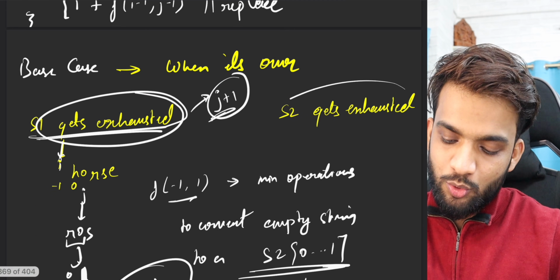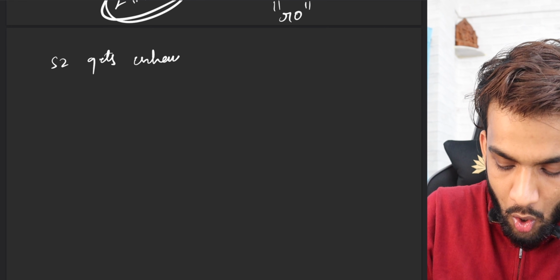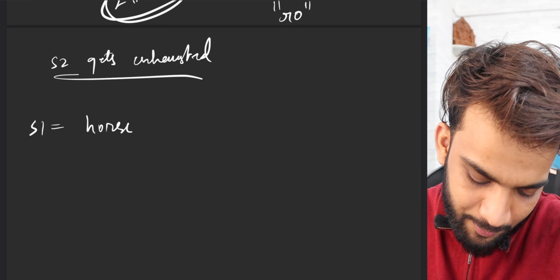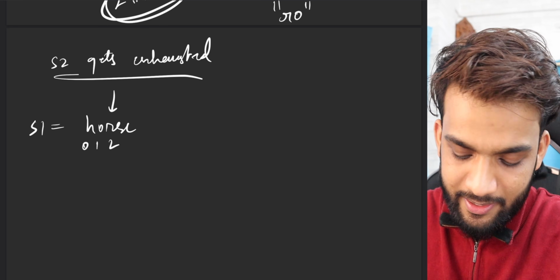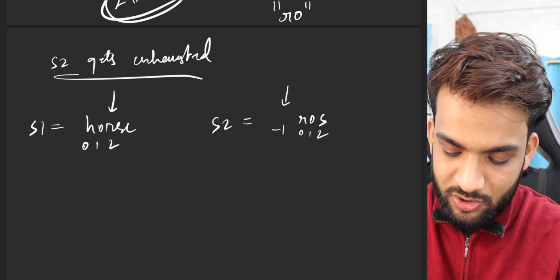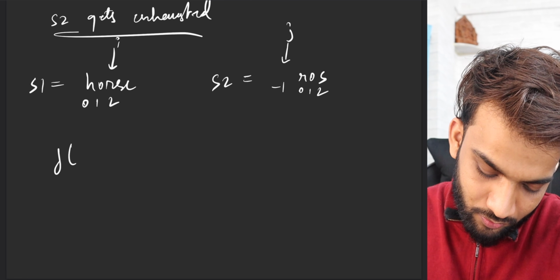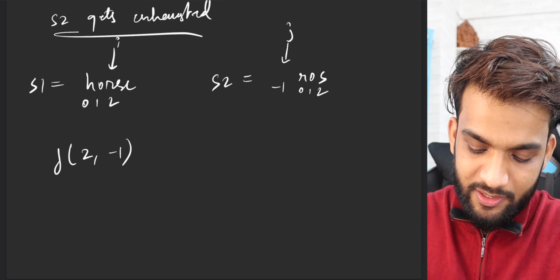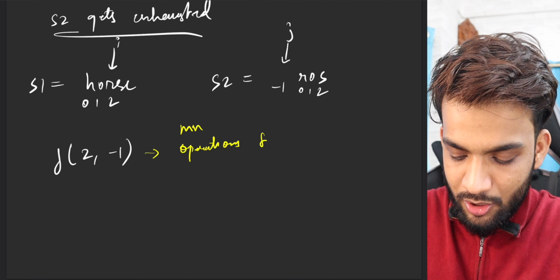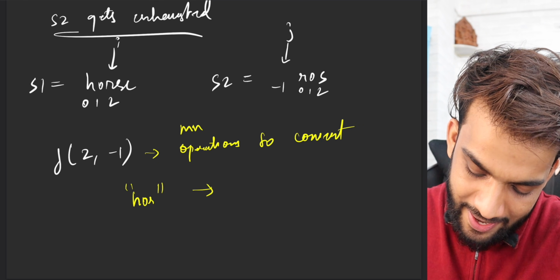What about the other thing, when S2 gets exhausted? Imagine S1 is HORSE and you're standing at the second index, and S2 is ROS with J at -1. So what does F of 2, -1 signify? The minimum operations to convert HOR to an empty string.